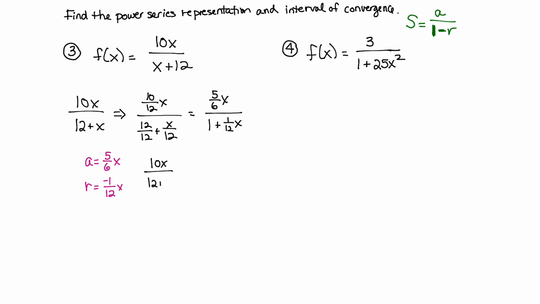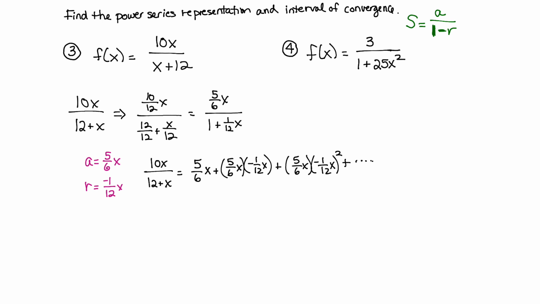So the series you rewrote as a, which is 5/6 x, plus ar, plus ar squared, and so on.